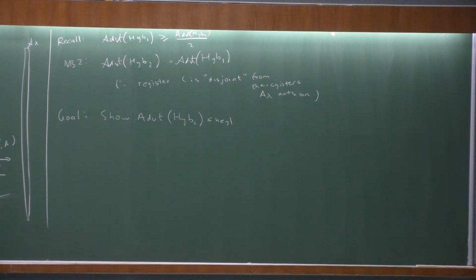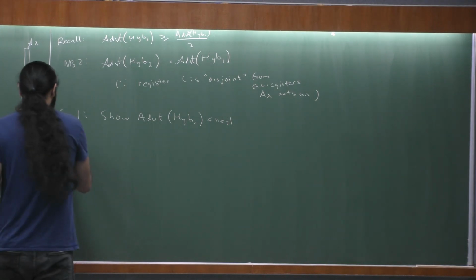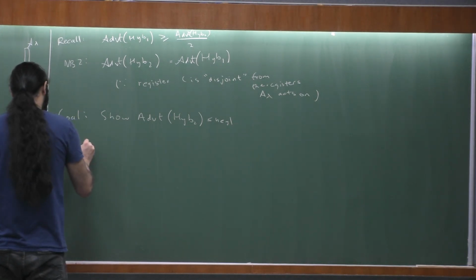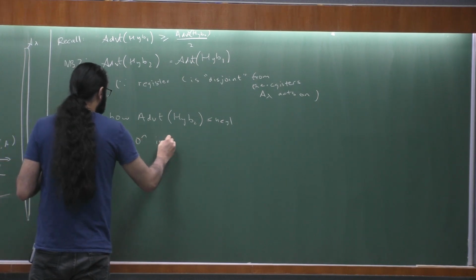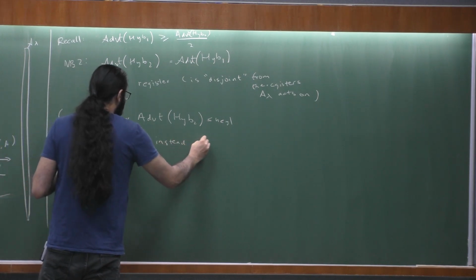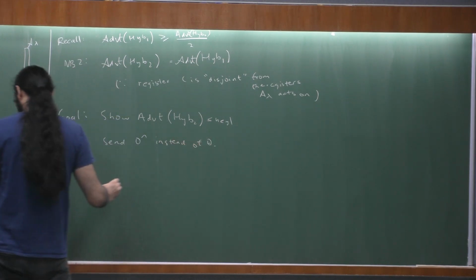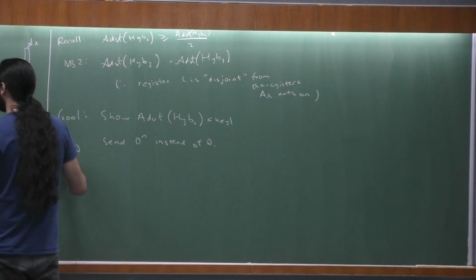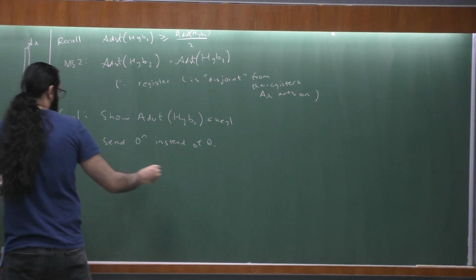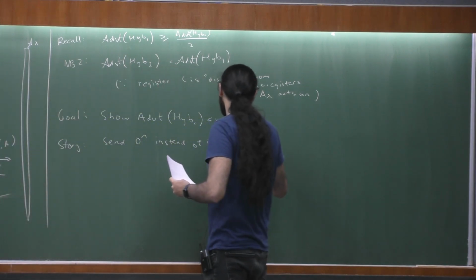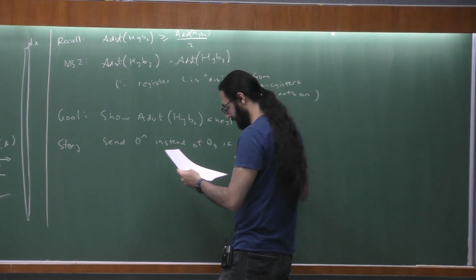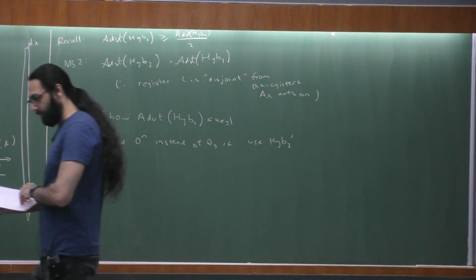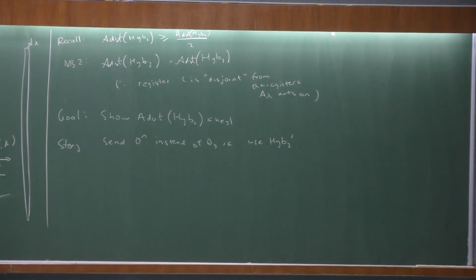So now the story is: send 0 to the n instead of theta. And that's hybrid 2 prime, which we already defined. Use hybrid 2 prime.